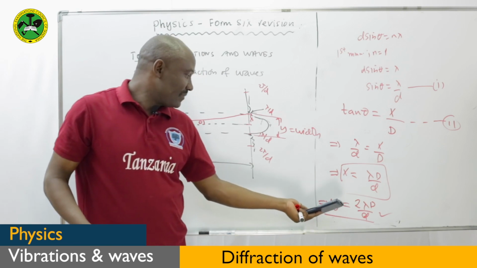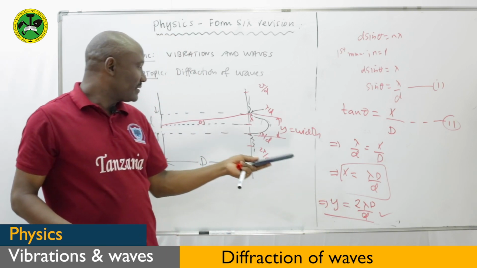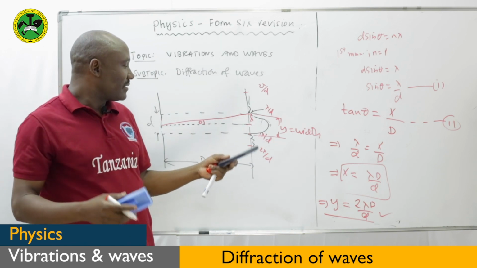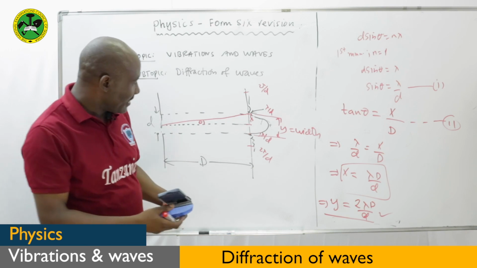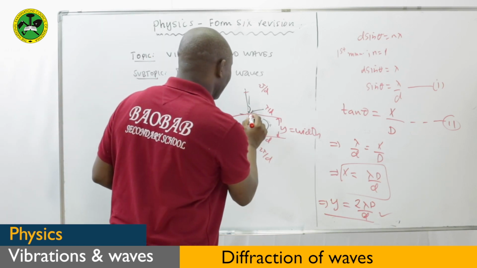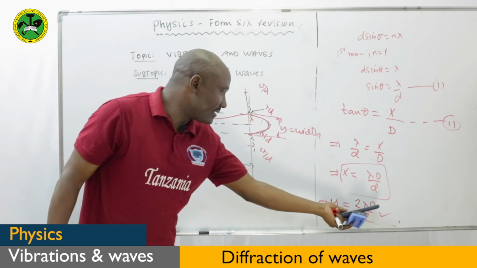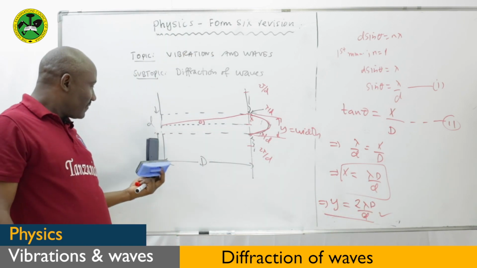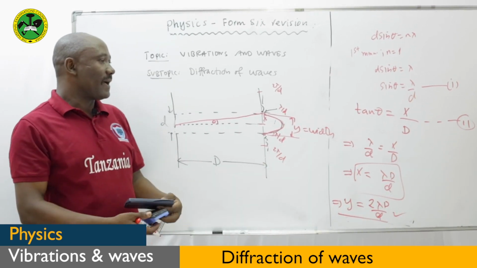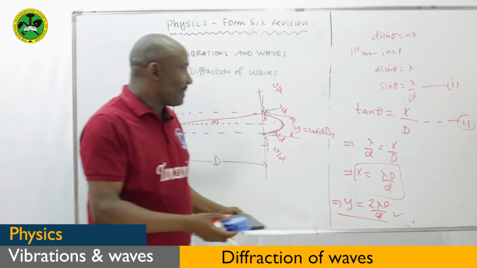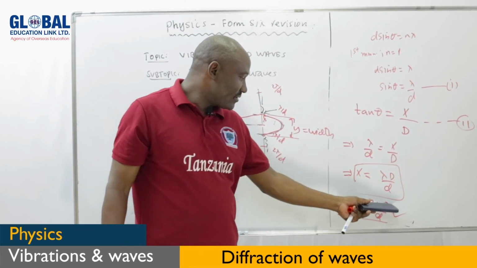This is the distance corresponding to the width of the central bright image. If you know that, you can use it to find, for example, the distance from the opening to the screen, provided other information is given. We shall see later some examples where you are supposed to apply this.